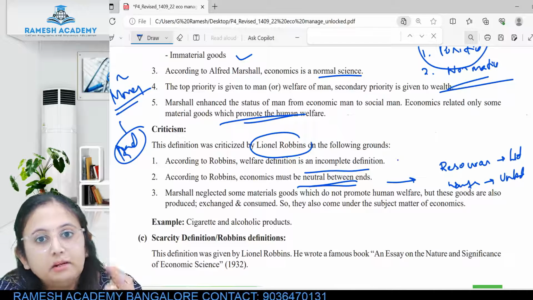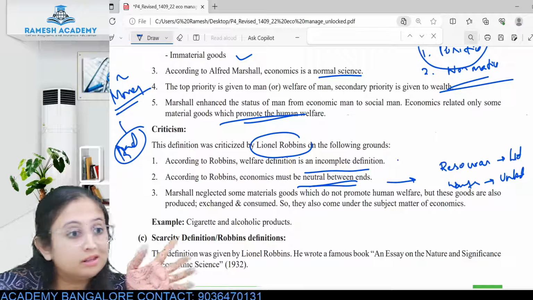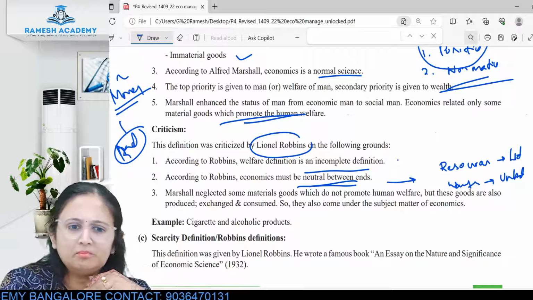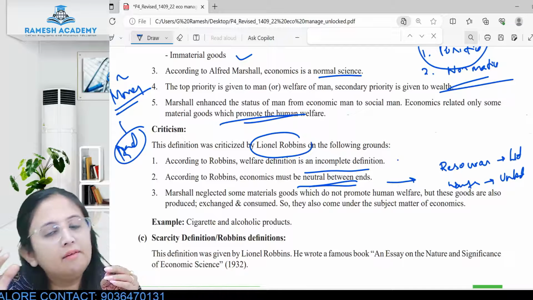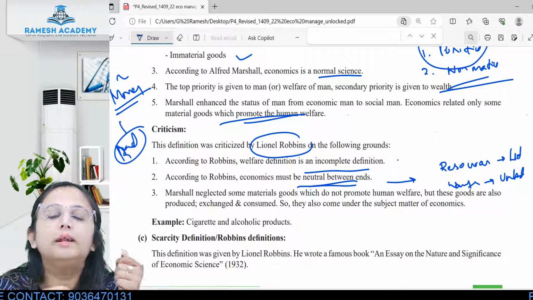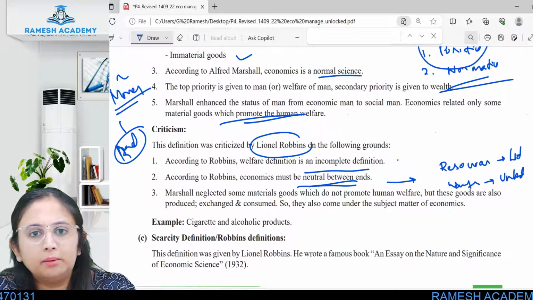As human beings, our wants are always unlimited. You can't satisfy everything with limited resources. If you had unlimited money, you would need no money in the bank account. You would simply go to the ATM, withdraw any amount, and buy whatever you want. There would be no problem.